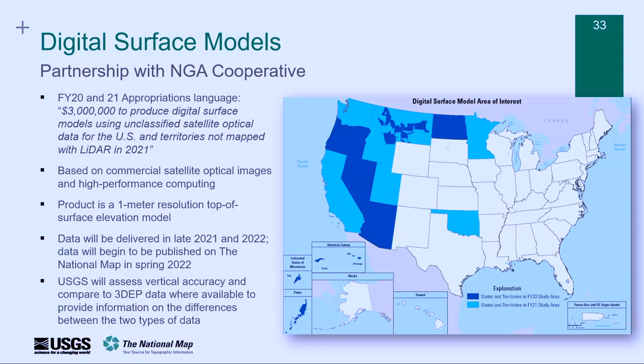And Jason is going to do some evaluation of that product against other 3DEP data sets to determine what sort of differences exist between the DSM that's coming out of this different mapping process with the commercial satellite data versus some of our other 3DEP data. The plan is to release some of that data in early 2022, and we will be publishing that data on The National Map with the hope target date of the spring of 2022.